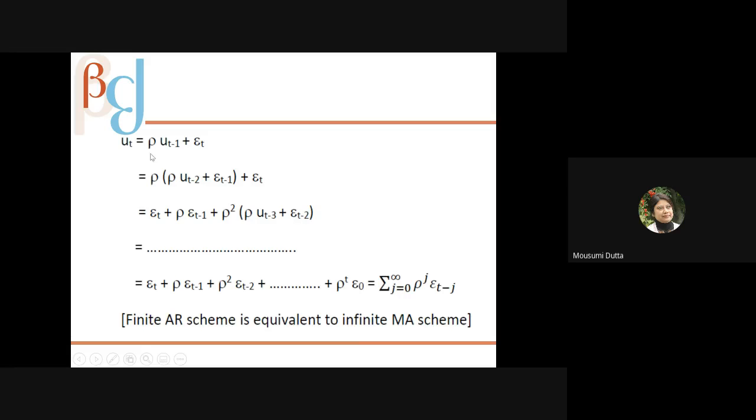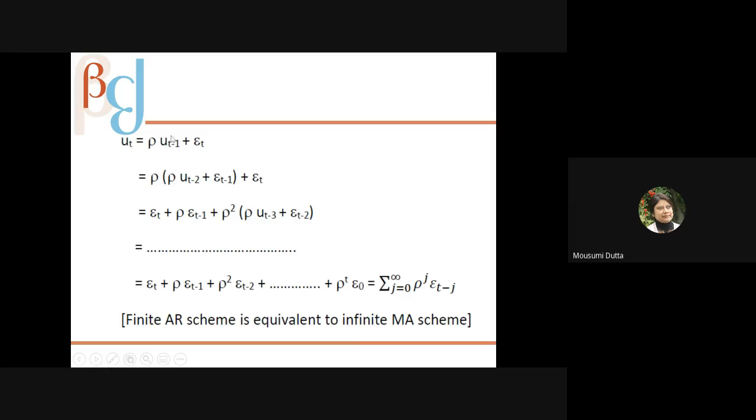Now you can write the similar model in terms of ut minus 1. So ut minus 1 is equal to rho ut minus 2 plus epsilon t minus 1.